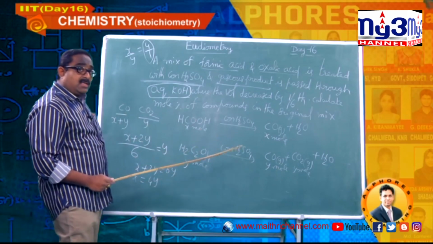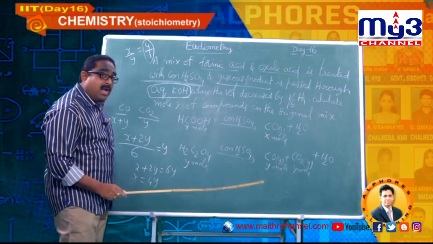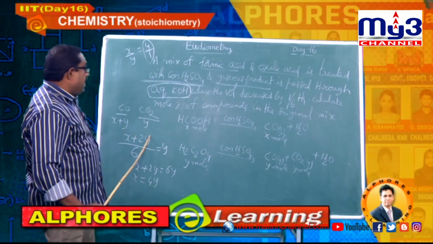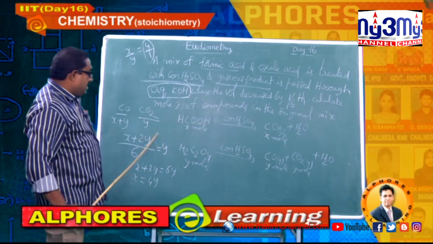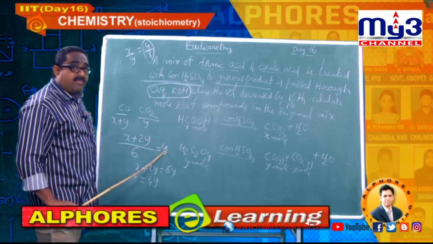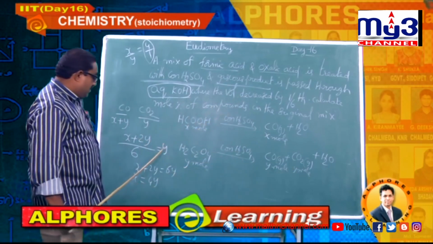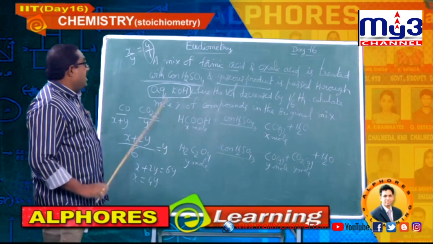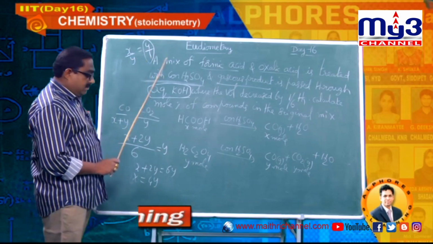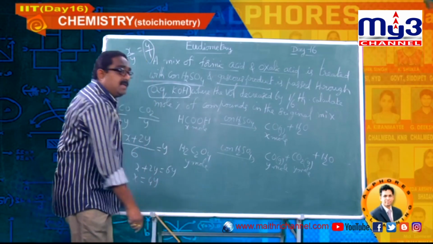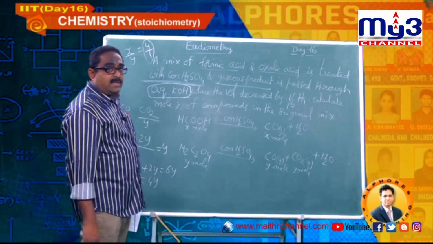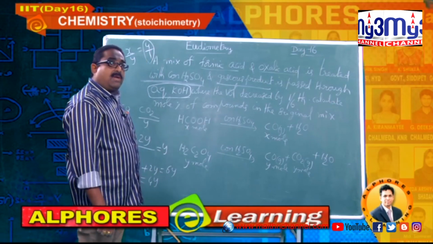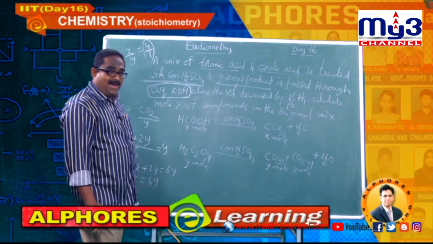For gas phase reactions, the mole ratio is equal to the volume ratio. That's why x plus 2y decreased by 1/6. The decrease is due to the absorption of carbon dioxide, that is y. So finally I got x equal to 4y. So the answer is 4:1. Okay, I am going to end this session with this question, students. And tomorrow we will go for some more numericals based on iodometry. Thank you.